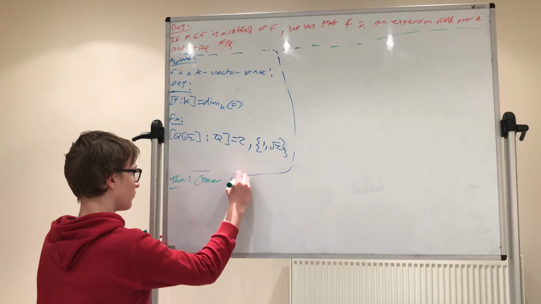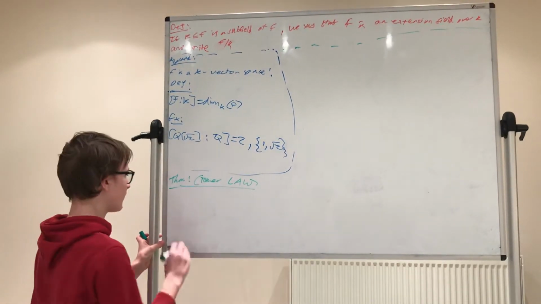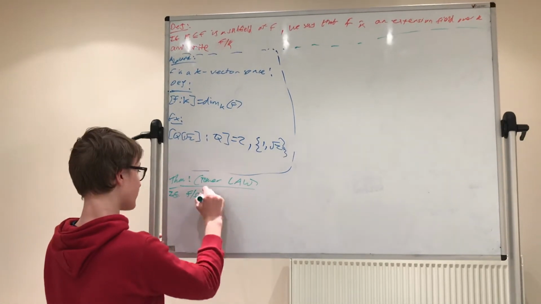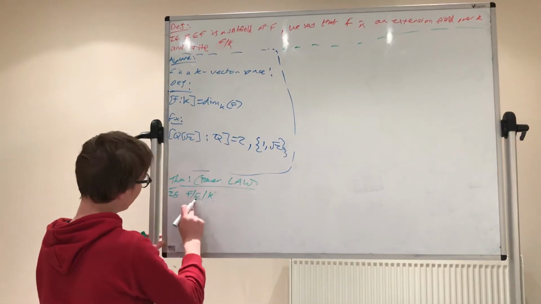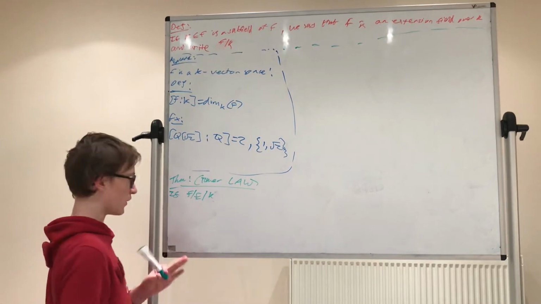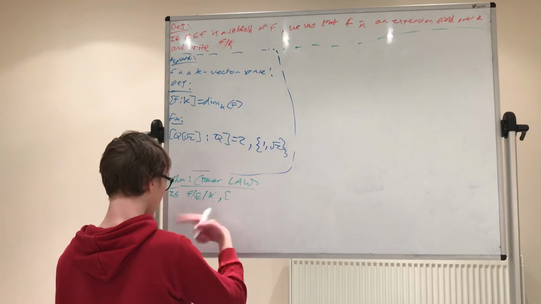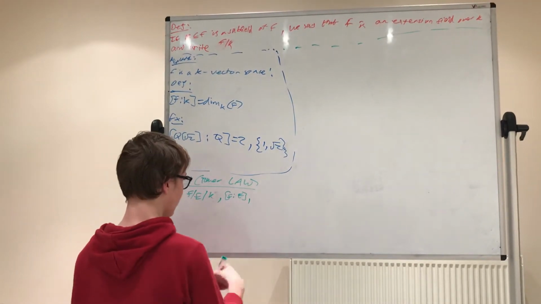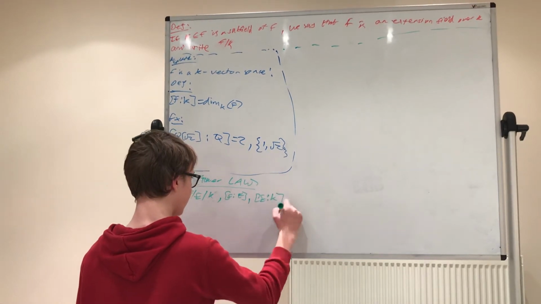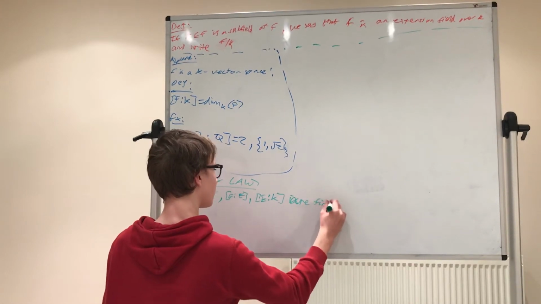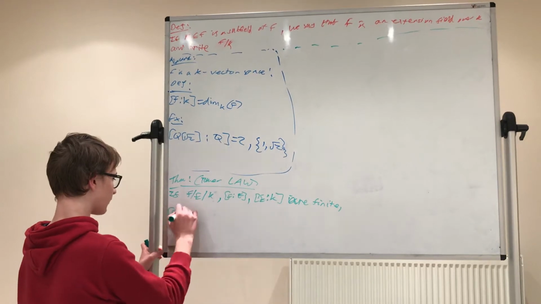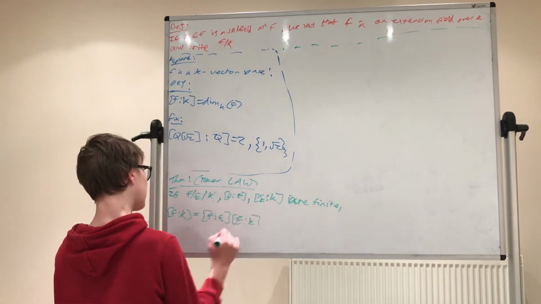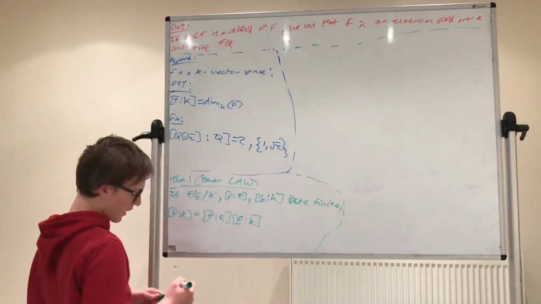What it says is, if we have K a subring of E, which is a subring of F, and I think that E is called an intermediate field, and the degree of F over E is finite, and the degree of E over K is finite, then the degree of F over K is equal to the degree of F over E times the degree of E over K. That's a very neat result, which might actually agree with our intuition.